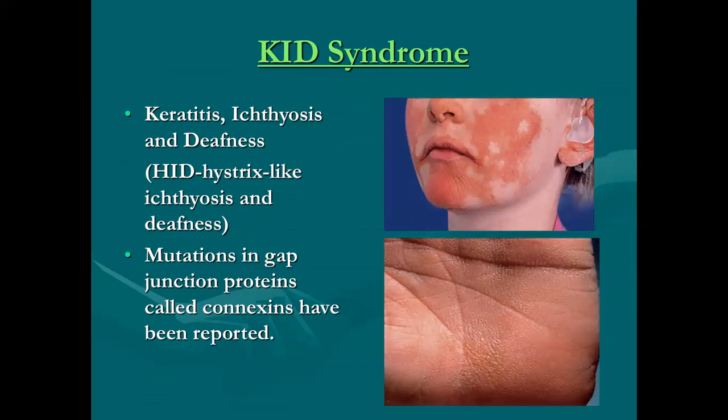The fourth syndrome in this category is KID syndrome. KID syndrome is characterized by the features of keratitis, ichthyosis, and deafness. The ichthyosis is Hystrix-like ichthyosis, and the mutation is in gap junction proteins, which are called connexins.